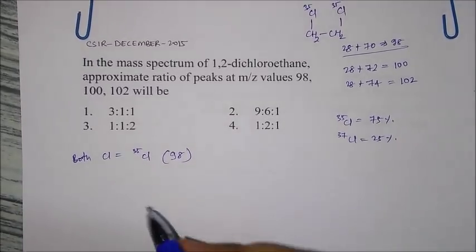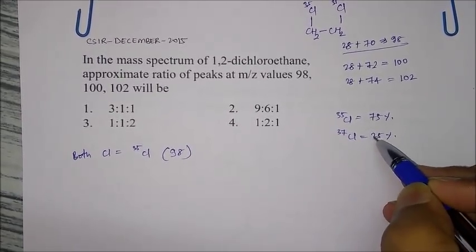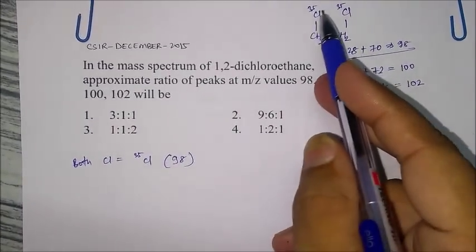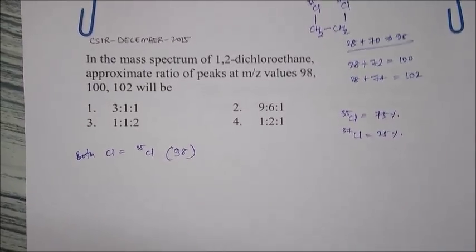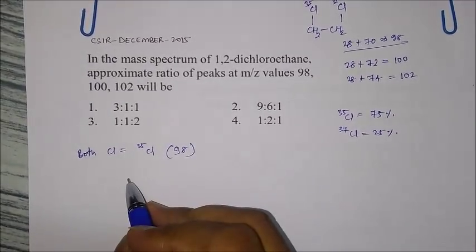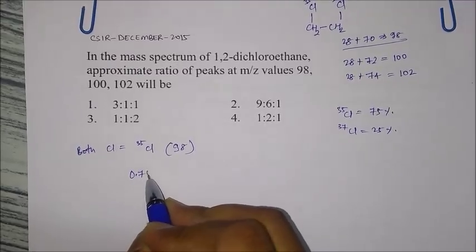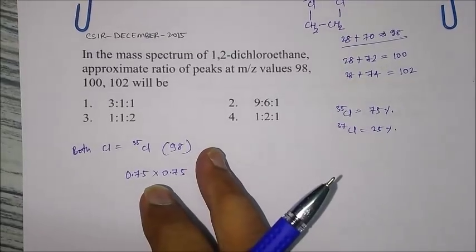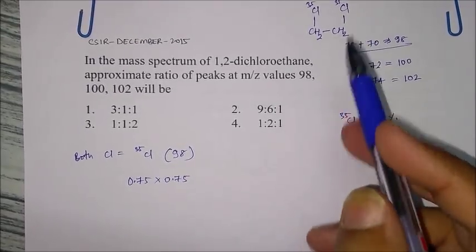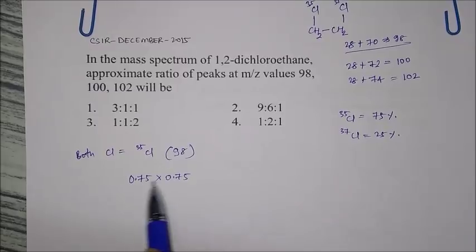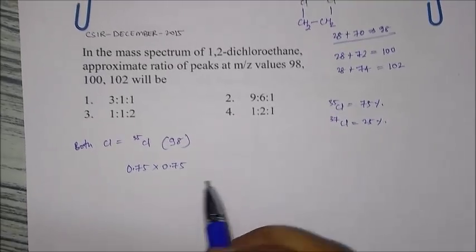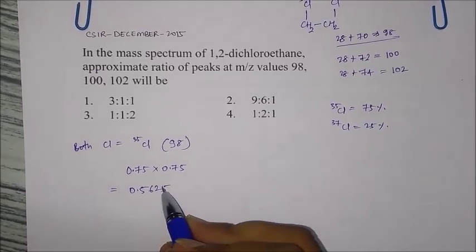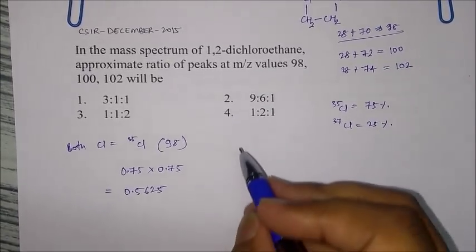So for calculation you can take it as 0.75 and this as 0.25. In the compound we are having both of them as 35Cl, so it will be calculated as 0.75 into 0.75. We are multiplying both of them because both of the atoms are present in the same molecule, and we are multiplying their relative abundance. If you multiply these two values, you will get around 0.5625. It's very easy to multiply, you can do it yourself.